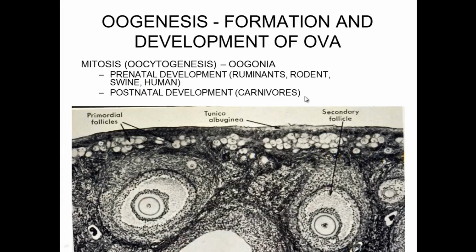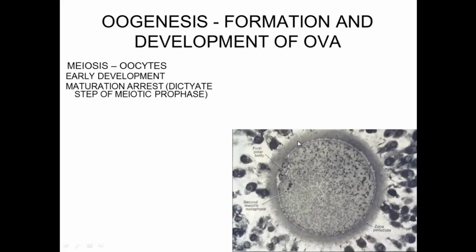Now, before birth, you have mitosis, cytogenesis of the oogonia. So prenatally, you get development of these, and that's what you see, these primordial follicles that have happened. However, after that development, it has actually initiated meiosis.